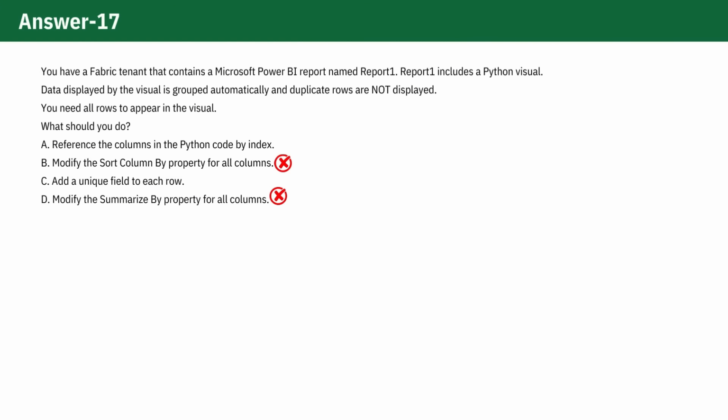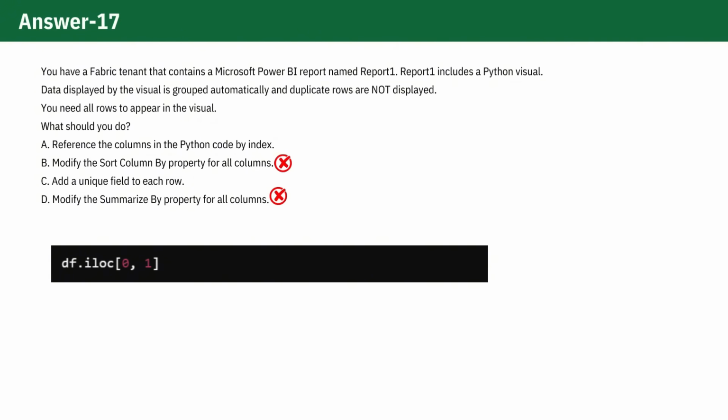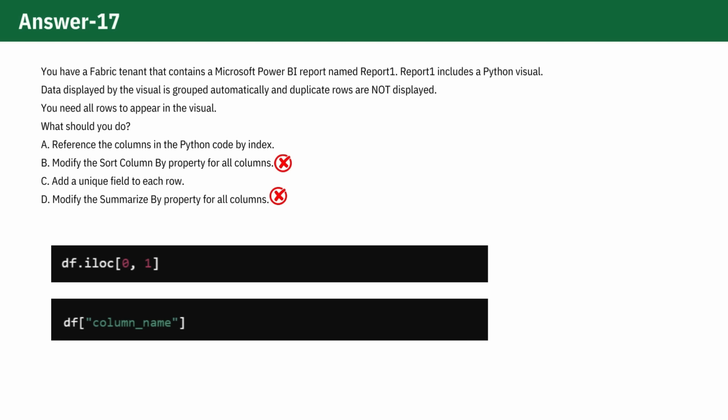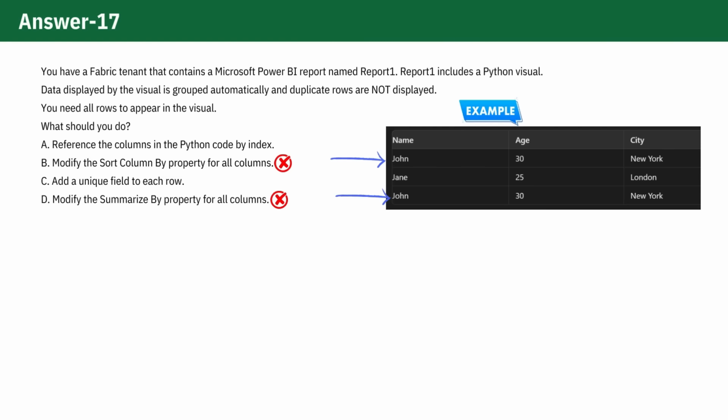This option means accessing the data in the data frame using numerical indices. For example, df.iloc[index number], instead of column names like df.fieldname. This method does not affect how Power BI groups or displays the data because it only changes how you access data within the Python script.